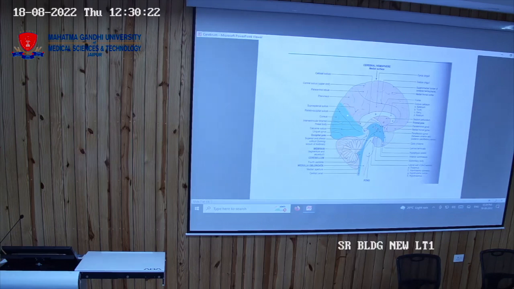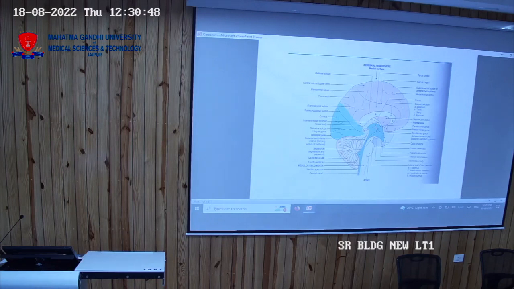This corpus callosum has different parts. Anterior part, this is the genu, and this is the trunk, and this is the splenium part of the corpus callosum. The corpus callosum consists of commissural fibers, that you will read in the next class. These commissural fibers connect the two cerebral hemispheres together.